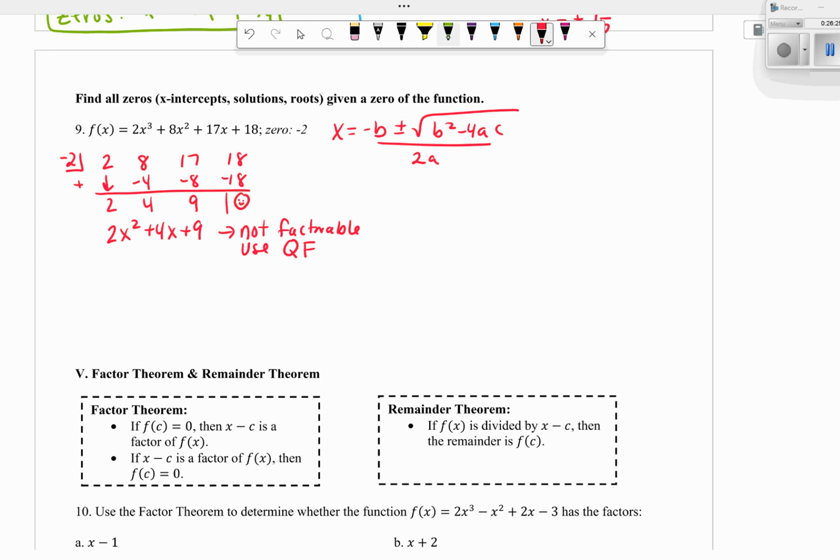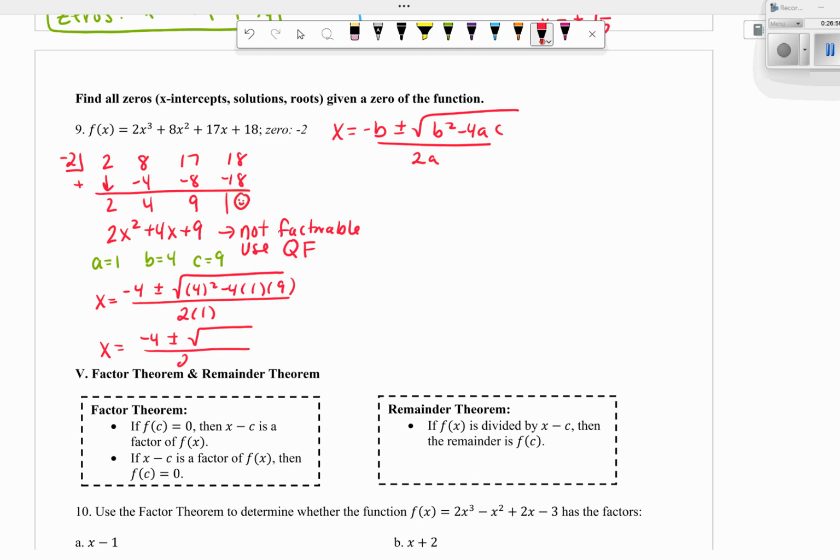So in this case, our a is 1, b is 4, c is 9. So we're going to plug that into our quadratic formula. So x equals -4 plus or minus the square root of 4 squared minus 4 times a times c, so 4 times 1 times 9, over 2 times a, which is 2 times 1. Remember, you want to find the exact solution.